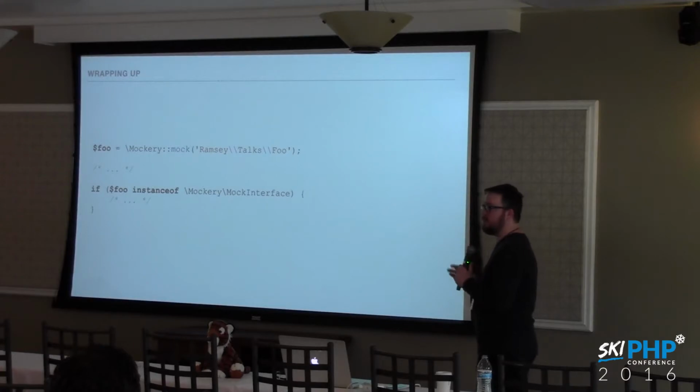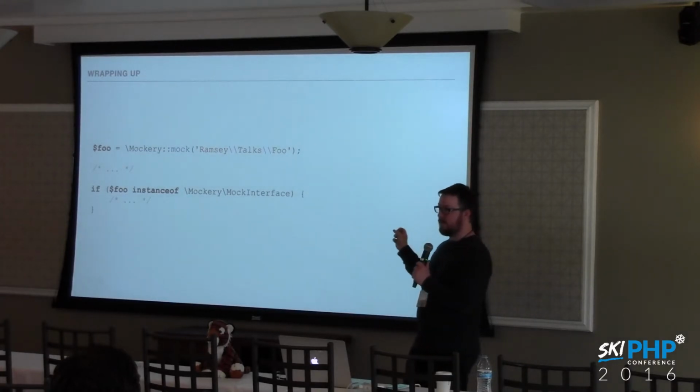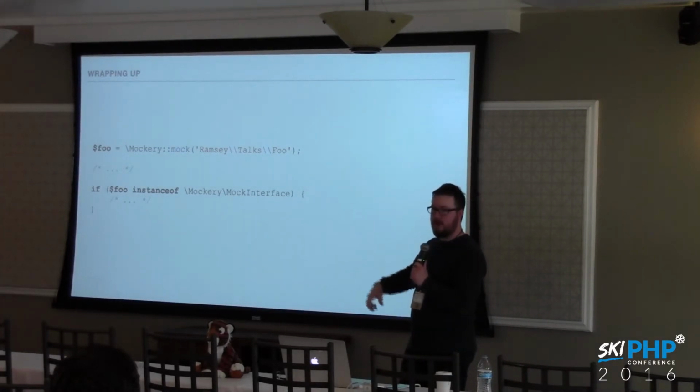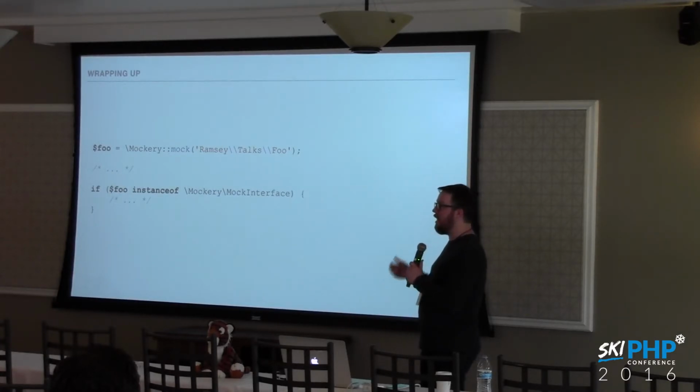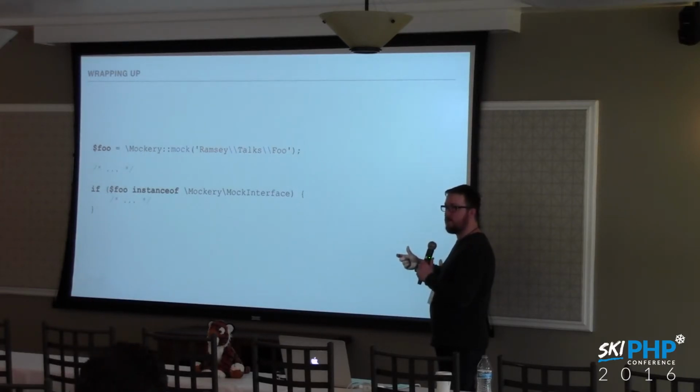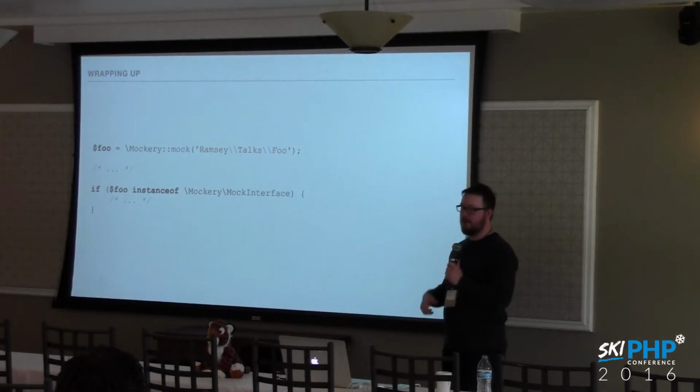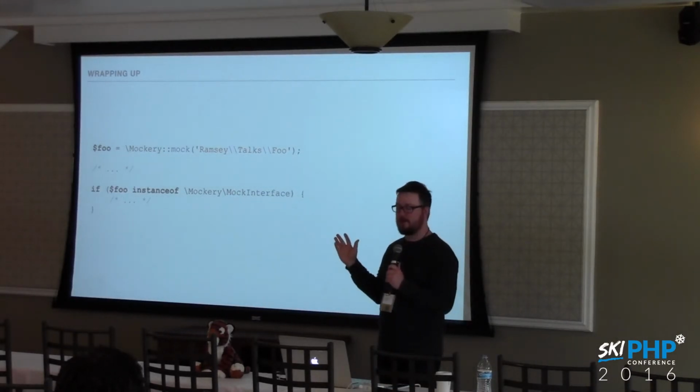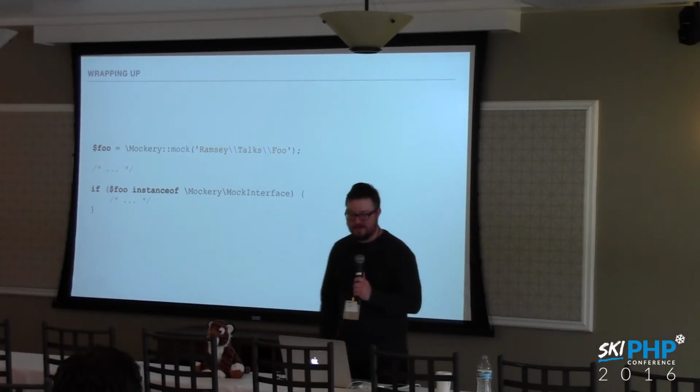Well, I don't want to use the actual objects because they might have some side effects. Instead, I'm mocking them, and then in that code I want to make sure that what I've got is a mock versus a real one, because we are also using the same code with some of the real objects. It's really weird, and maybe I shouldn't be doing it, but I am. So it's possible.